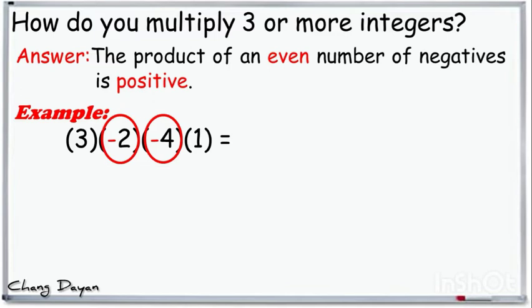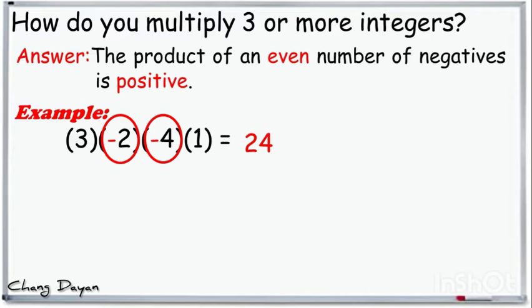Therefore, 3 times negative 2 is negative 6 times negative 4 is positive 24 times 1. The product is positive 24.